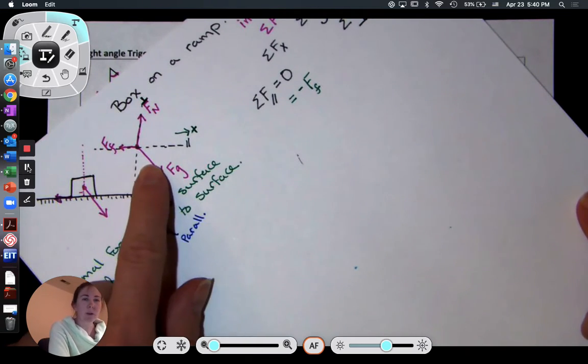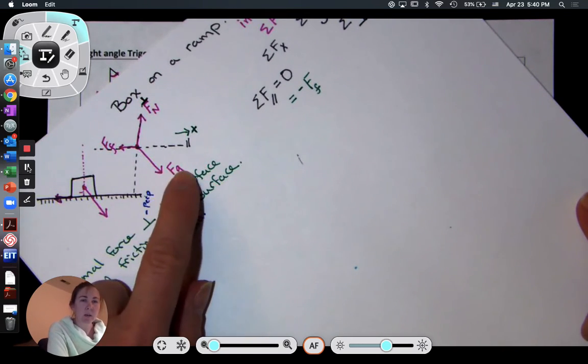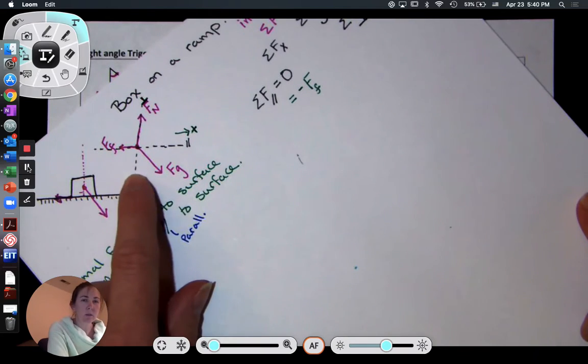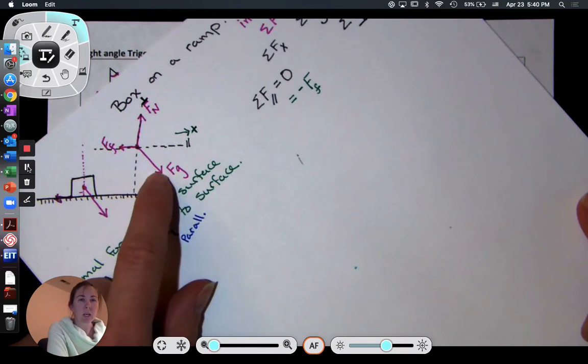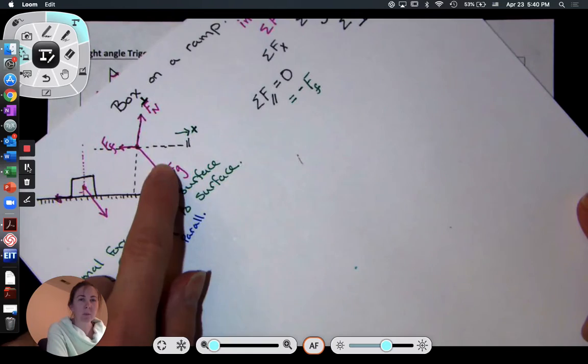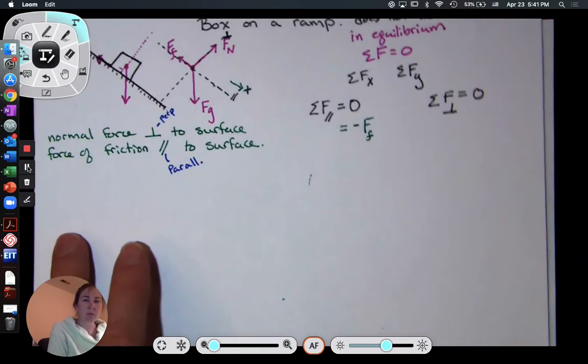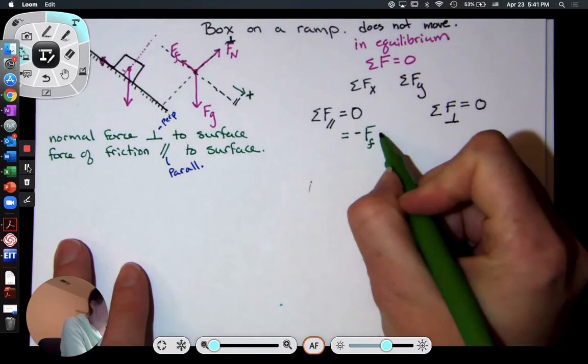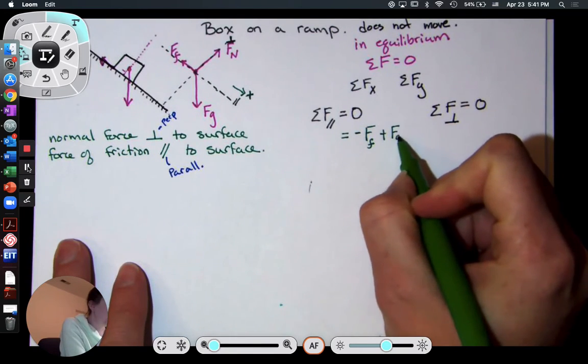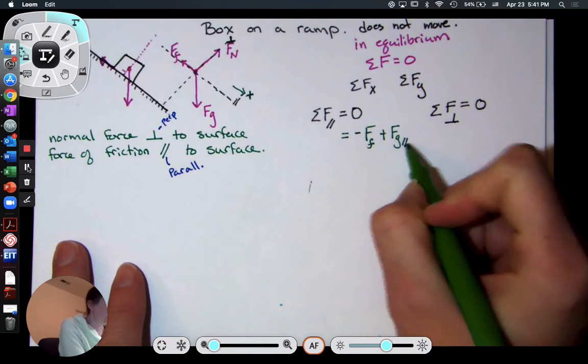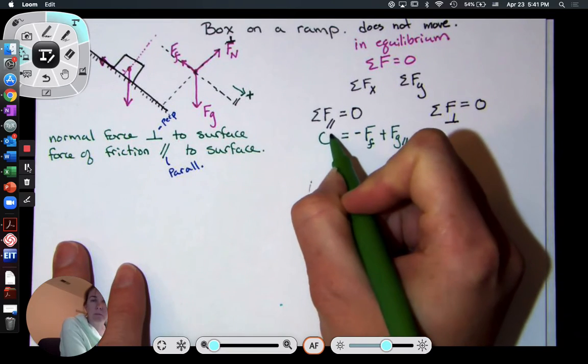This force of gravity is in the x direction, or the parallel direction, and the y direction, the perpendicular direction. So the force of friction is going to be added to the force of gravity parallel to the ramp, and that's going to be equal to 0.